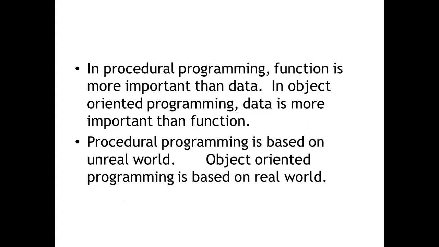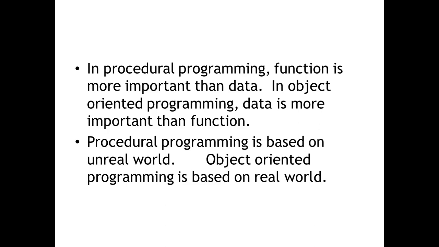In procedural programming, function is more important than data. In object oriented programming, data is more important than function. As you studied in C, most of the time you are working with functions. So procedural programming emphasizes functions, meaning how to implement a function and what the function will do.